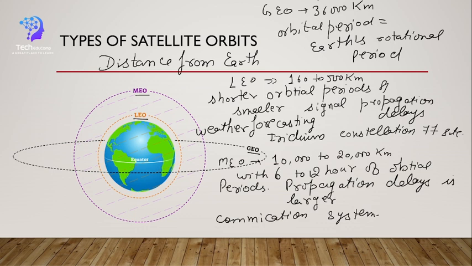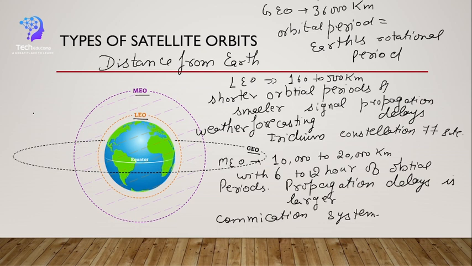Why does this happen? Because their orbital period is equal to the Earth's rotation period. As the Earth revolves around its axis, these satellites placed in the GEO orbit also revolve with the same speed, so it appears that they are stationary at a point, but that's not the case.